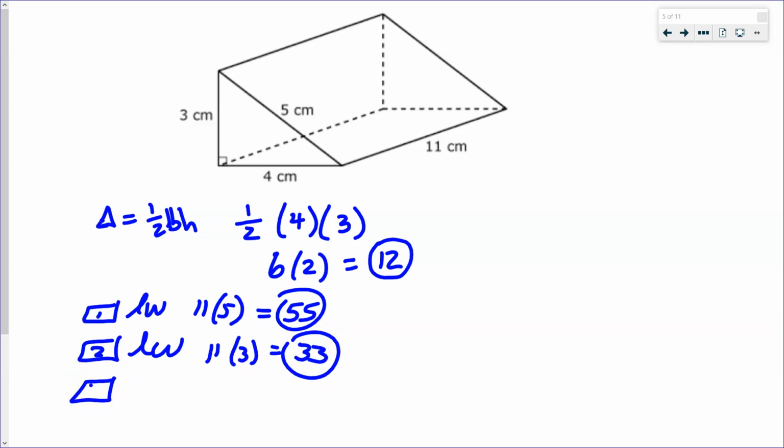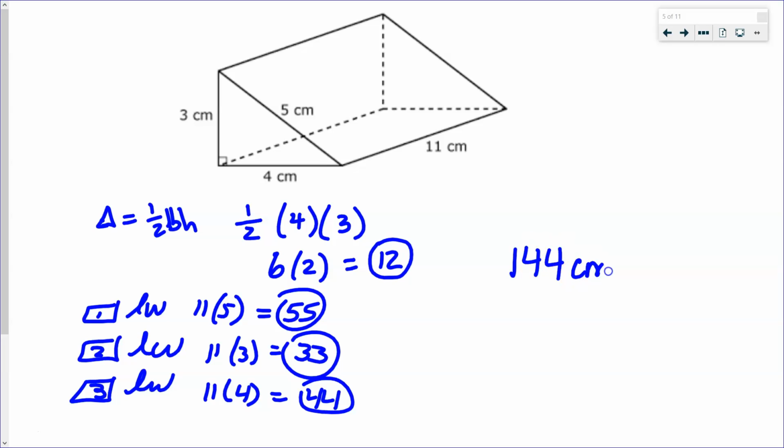And rectangle 3, length times width again. And that's your bottom one here, 11 times 4, which is 44. Okay, all those are centimeters, obviously. When we add them all up, we get 144 centimeters squared. Don't forget, area is measured in centimeters squared.